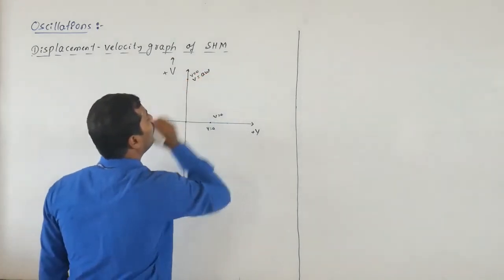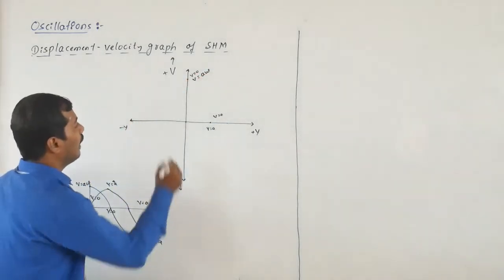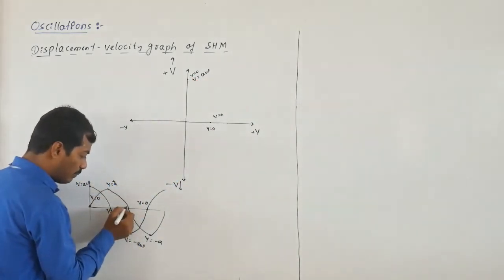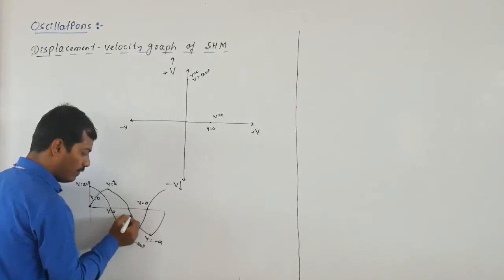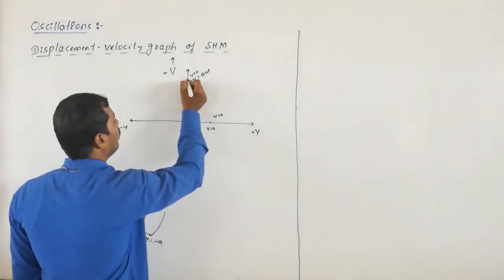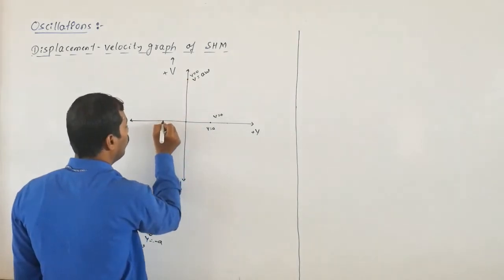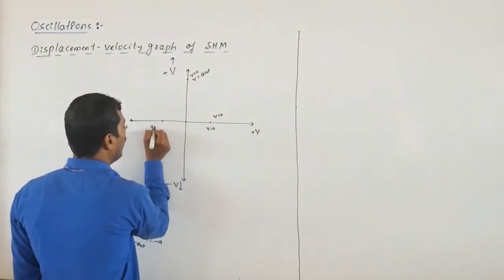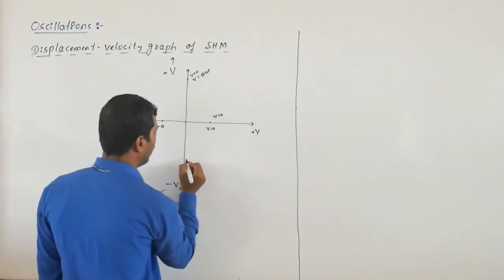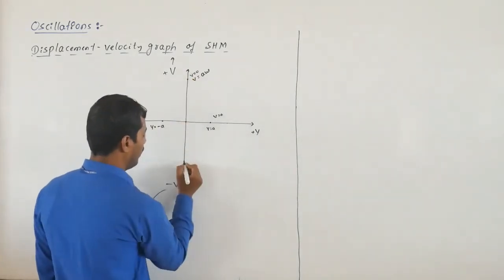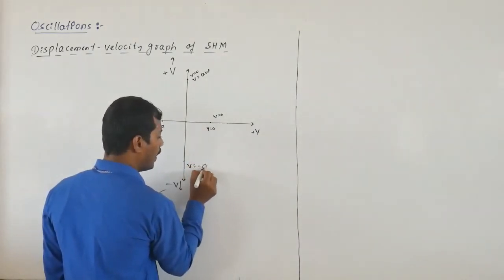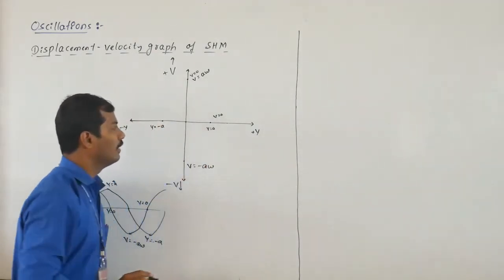A into omega, positive. Then again, when it is moving negative, the displacement comes to the negative side, up to here. Then again y is equal to minus A, maximum. Then the velocity is like this, v is equal to minus A omega.